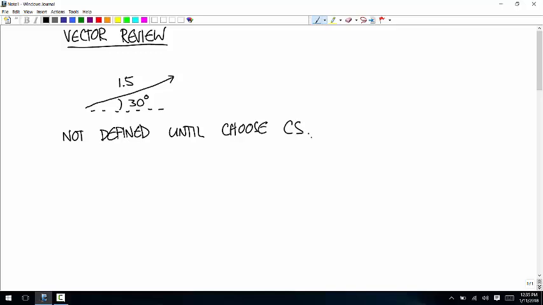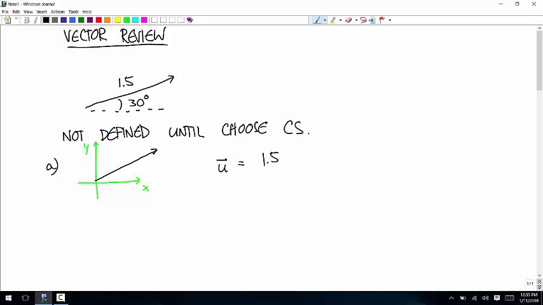Okay, so if you choose a coordinate system like the one we're most used to, that's x and that's y, then to figure out the components, put the tail of the vector at the origin, and the vector would be 1.5 times, you can just go counterclockwise from the positive x-axis to the vector.